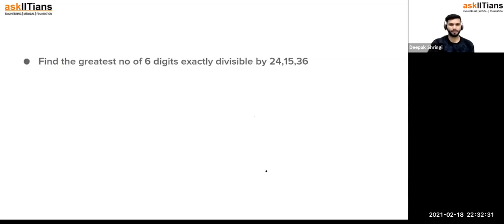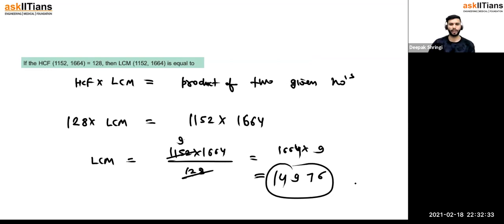Yeah. Okay, that's the calculation, just check it. So 1664 into 9, and what we got is 14976. Okay, that's fine, not a problem. Got it? Let's move on. This is how you solve the question. This is how you use the property that HCF into LCM is equal to the product of the two given numbers.